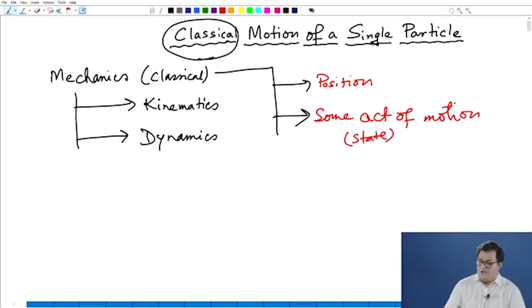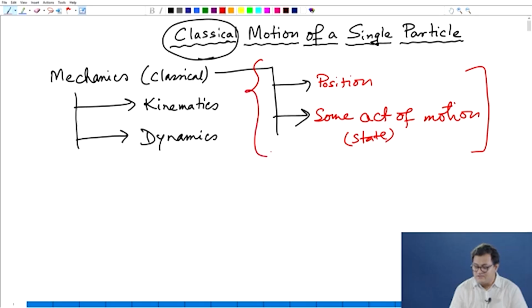You see, here I am not talking about any technical terms, just common sense. Those two things are sufficient to give us the information about the instantaneous state of motion of a particle, that means for a given time, and this constitutes kinematics.